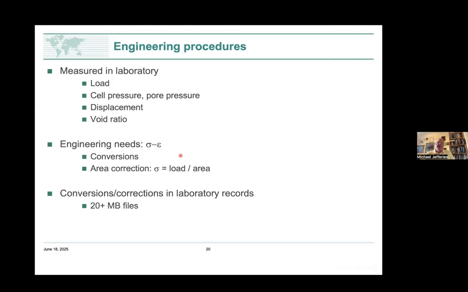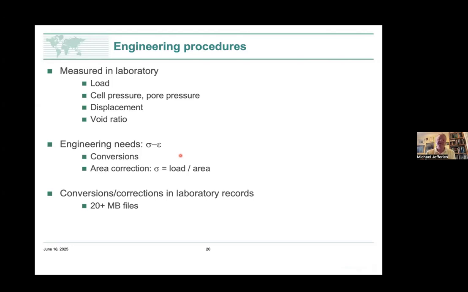But the files they use to do that conversion can be quite large. It depends on the frequency at which measurements have been made, how many channels of data, and the format they use for their corrections. But in my experience, I have seen files as large as 20 megabytes for one triaxial test.